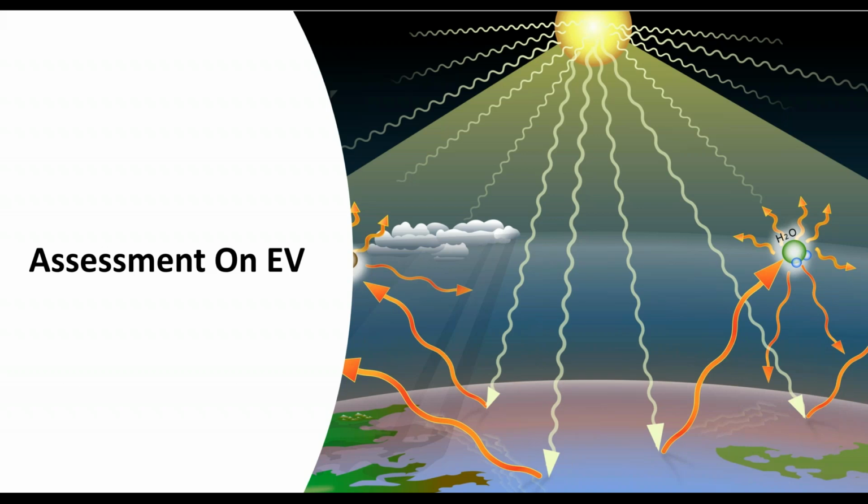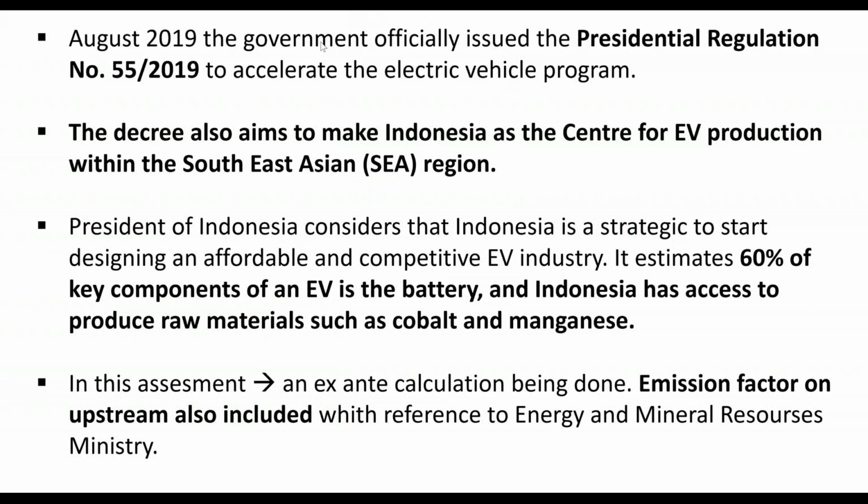Okay, now I'm coming to the last policy that we assessed by ICAT guidance. It is regarding electric vehicles. In August 2019, the government officially issued the presidential regulation to accelerate our electric vehicle program, because it is estimated that 60% of the key components of an EV is the battery, and Indonesia has access to produce raw materials such as cobalt and manganese.